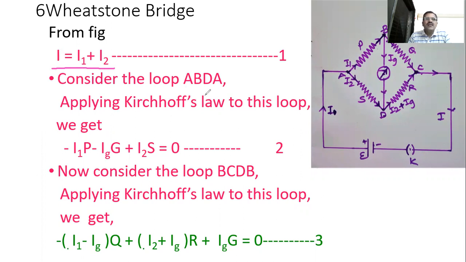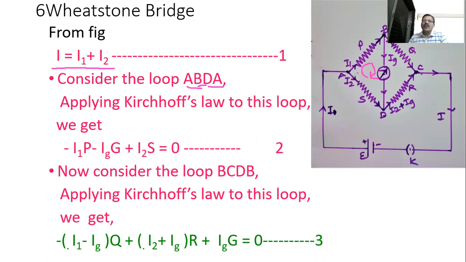Now, consider the loop ABDA. We have traced this loop in the clockwise direction. The direction of tracing is from A to B, then from B to D, again from D to A. We have to apply Kirchhoff's second law to this loop.